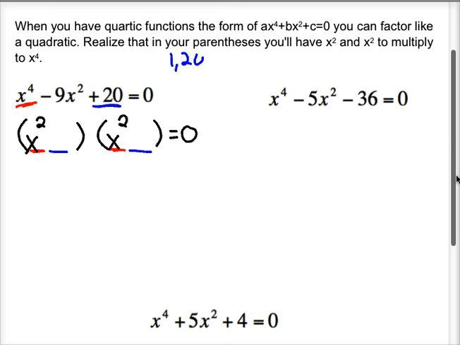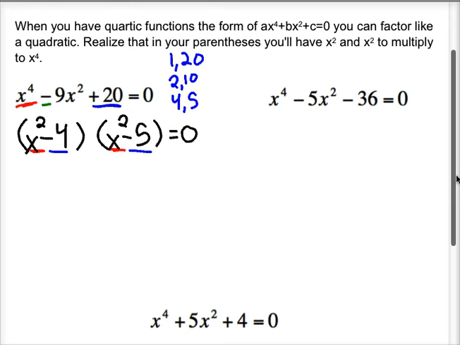So the 1 and 20, 2 and 10, 4 and 5. How do we get them to add to be negative? Well, multiplying to positive, adding to negative, means these are both negative, and they need to be a 4 and a 5.